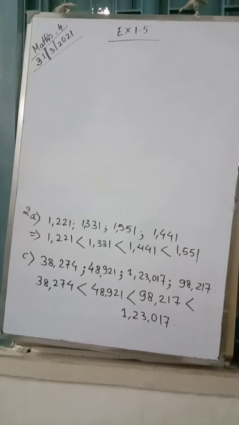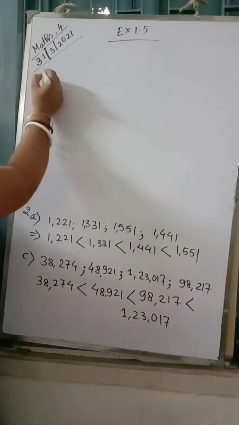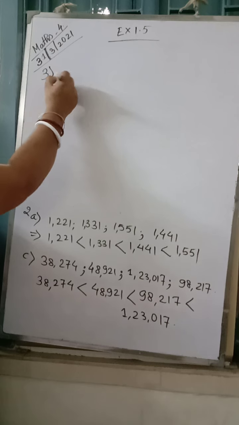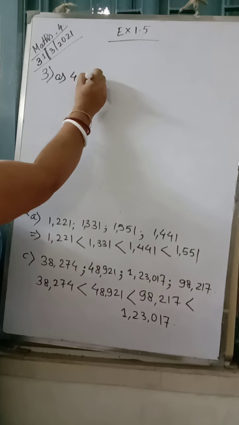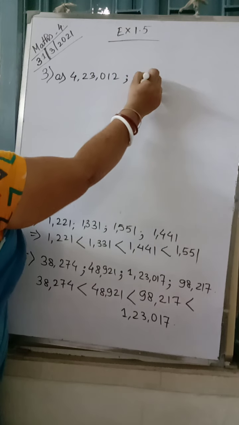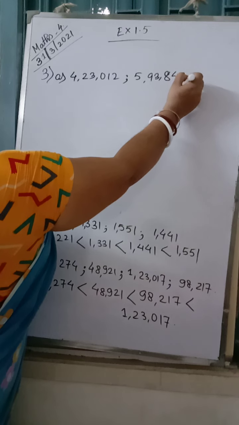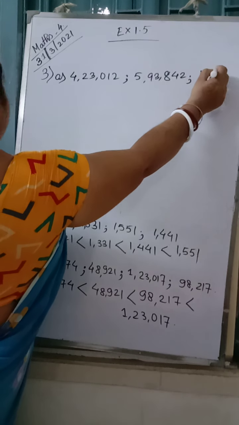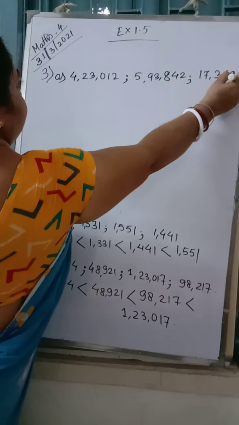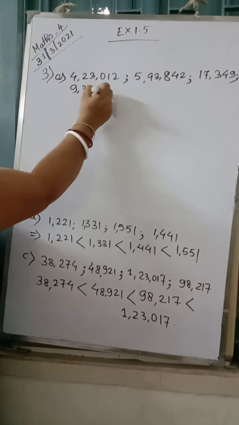It is given 4,23,012, 5,93,842. Number 3A: 4,23,012, 5,93,842, 17,349 and 9,304.